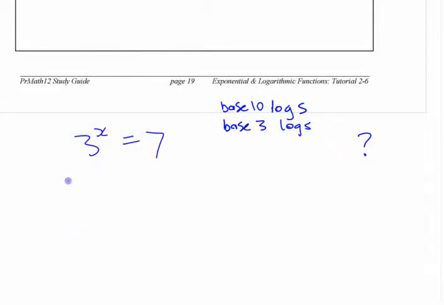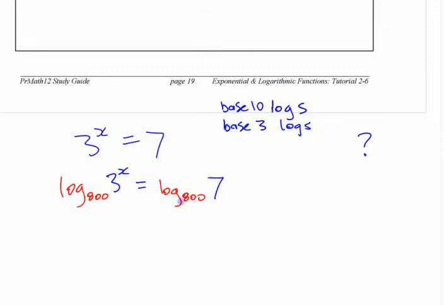800? Okay, log base 800 of both sides. Log base 800 of this should be equal to log base 800 of this. So log base 800 of 3 to the x should be equal to log base 800 of 7. It's true, right?